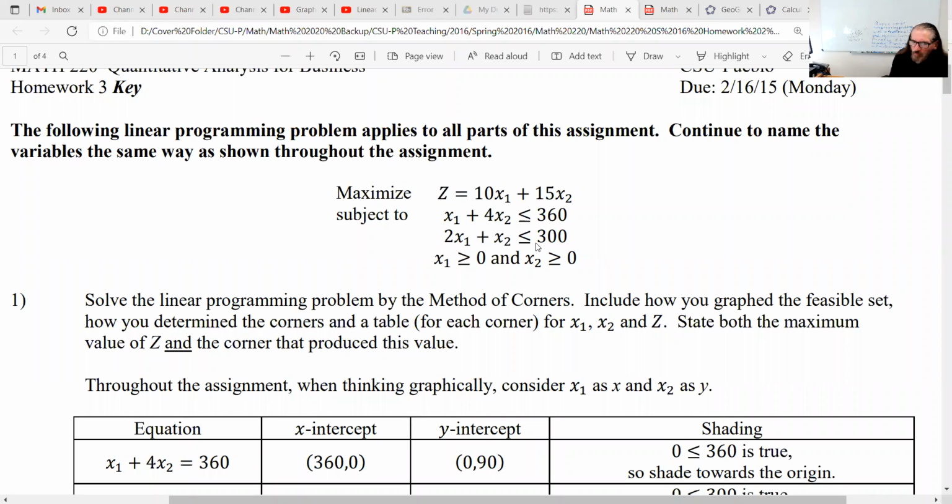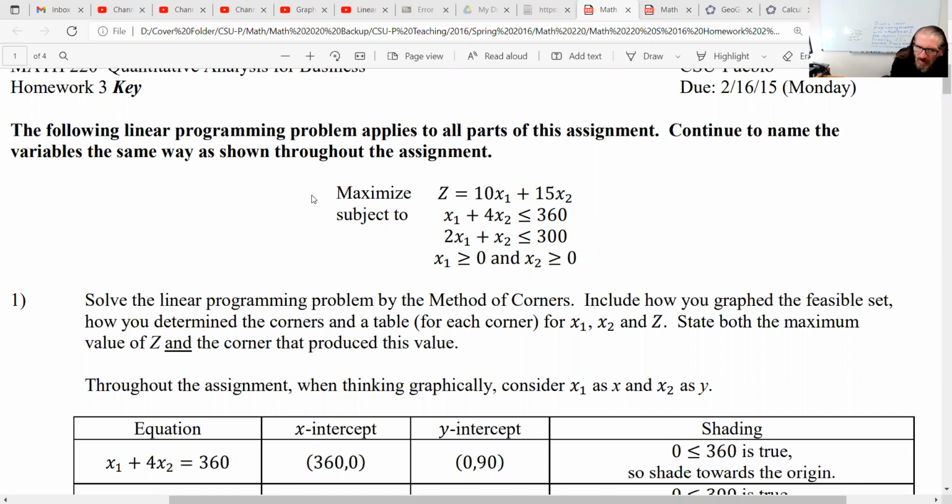Sometimes when you have multiple variables, not just two, if you have three or four or many more, we wind up using subscripts for x sub 1, x sub 2, etc. Remember, those are just saying first x, second x, etc. They are not exponents because we are dealing with linear programming problems.